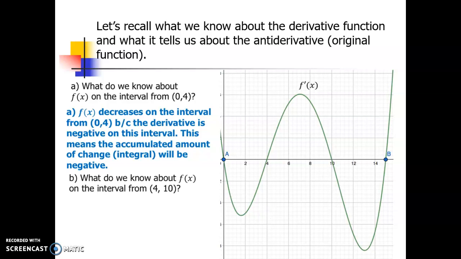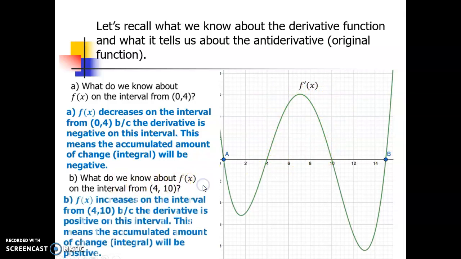What do we know about the f of x curve from 4 to 10 if I am looking at the derivative curve? Well, from 4 to 10, which are also critical points, right? By the way, at 4, the derivative is negative, then 0, then positive, leading us, using the first derivative test, to know that x equals 4 is a local minimum. And from 4 to 10, the derivative lies above the x-axis, meaning that the f function must be increasing on this interval, because the derivative is positive on this interval.